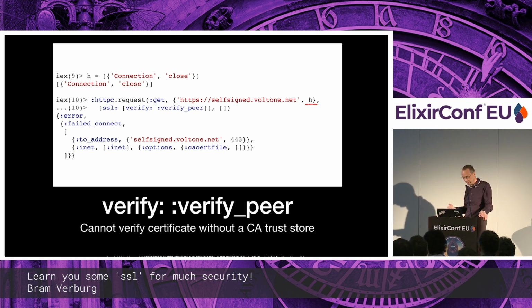At least we have some consistency. Now, the error that we're getting indicates that we did not pass in the CA cert file option. The CA cert file option should point to a CA trust store. And Erlang is telling us, if you don't tell me which CA certificates to trust, I cannot do verify peer.